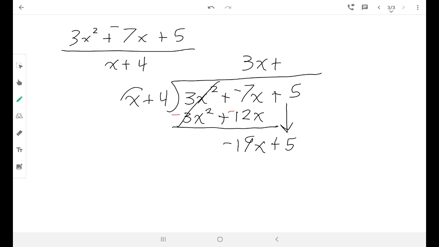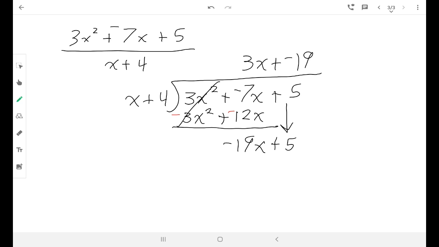So you ask yourself, what do I got to multiply this by to get that right there? And to multiply this x so that I get negative 19x, I need to multiply by negative 19, and I'll line that up with my other number without an x attached to it. And then again, I have to do the multiplication.